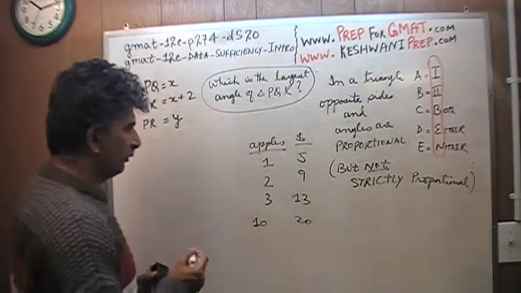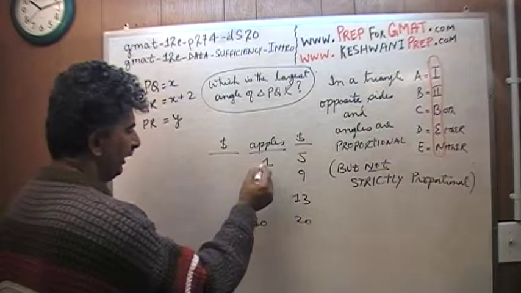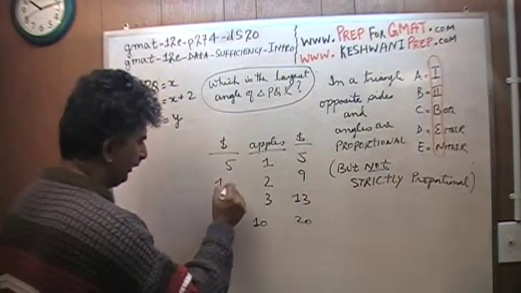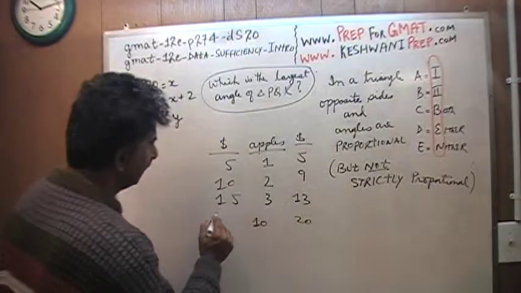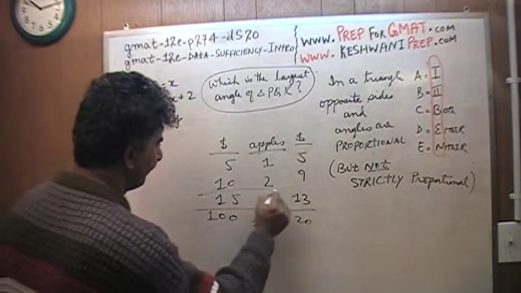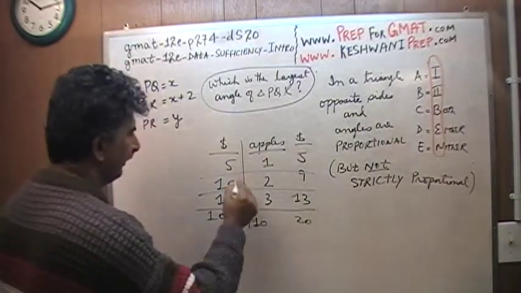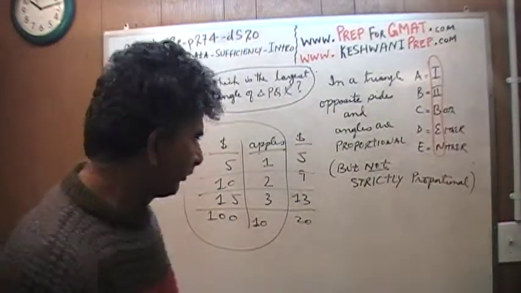Here's your apple: one apple costs $5, 2 will cost $10, 3 will cost $15, and 10 will cost $100. In this case, we're talking about strict proportionality.